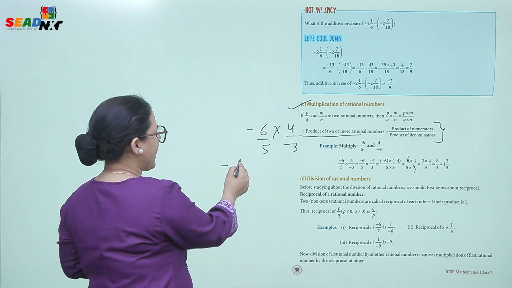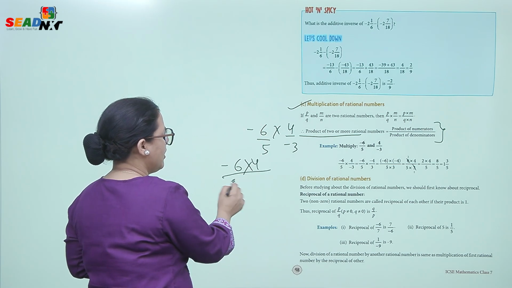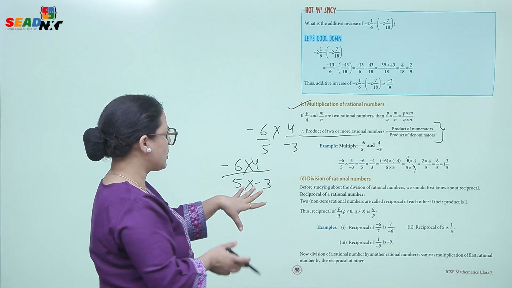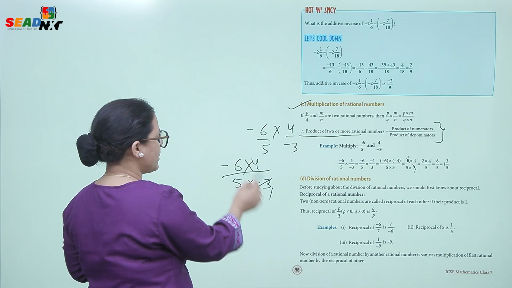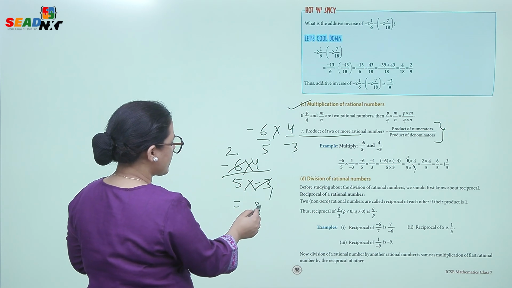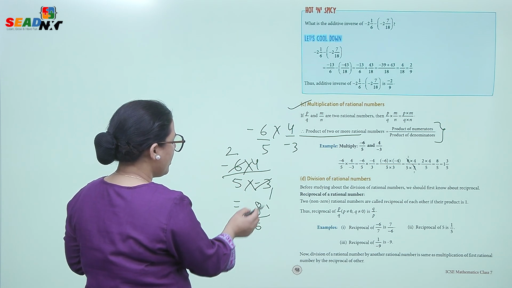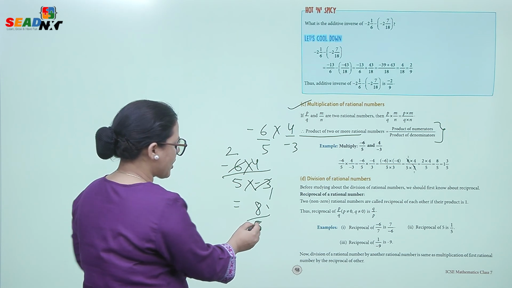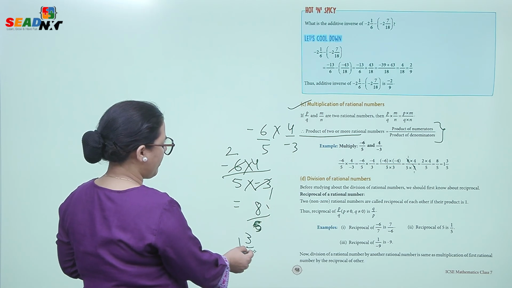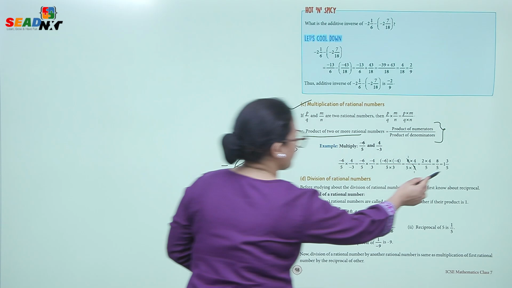So we will multiply numerator and then denominator. Okay, we can also simplify it like 3 1s are 3, 3 2s are 6. Okay, so 2 4s are 8 and 5 1s are 5. Or this is the improper fraction, we can convert it into mixed number. So we'll get 1 whole 3 by 5. So this is the answer.